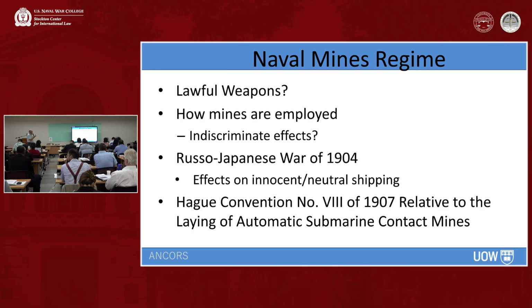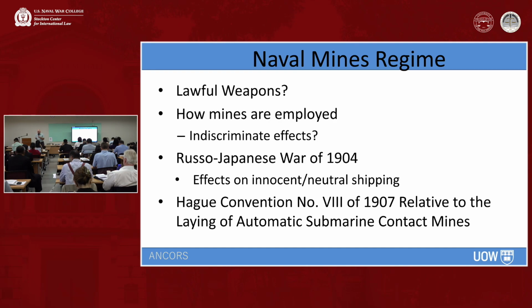And particularly in the case of those free-floating mines that I was talking about earlier, where one of the basic principles of distinction is not being adhered to, and especially if it's an automatic contact mine, i.e. if you simply hit the mine, it blows up. You've got no control over it. So that can be an issue.